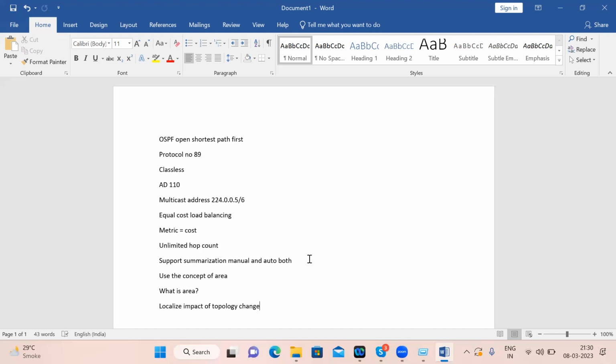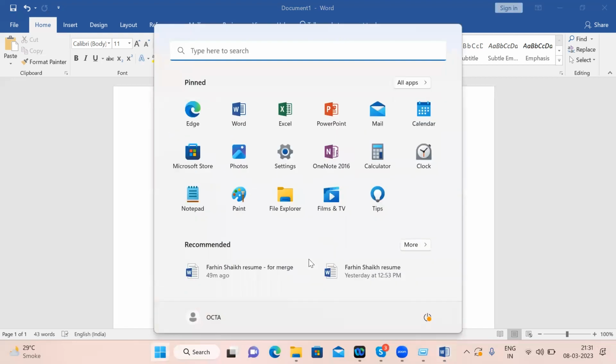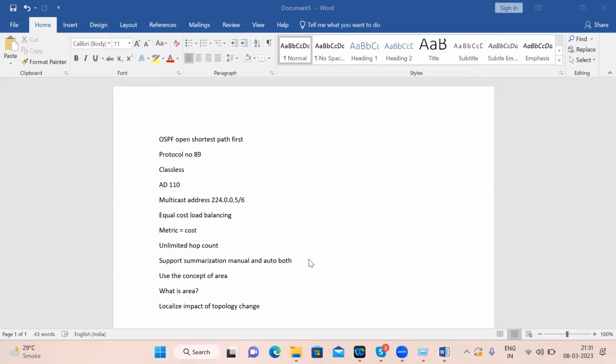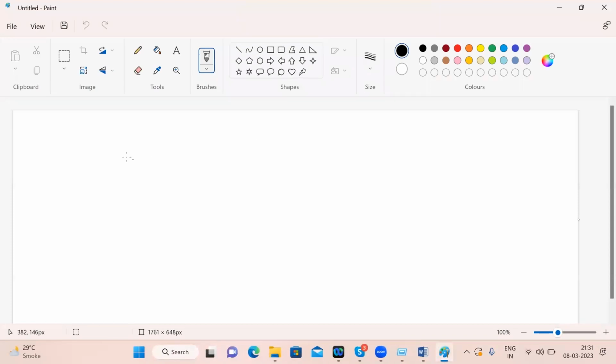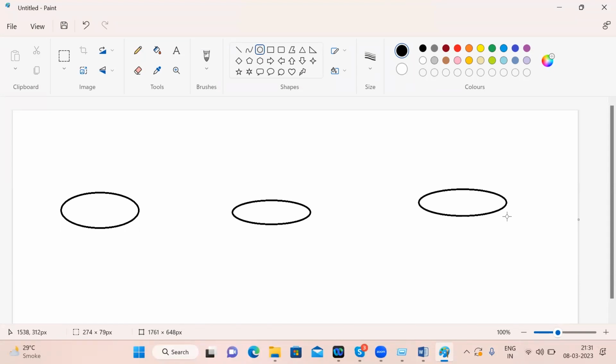What exactly does area mean in OSPF? In OSPF, the area means the localized impact of a topology change. What exactly happens? Suppose you have multiple routers and you decide to divide this complete topology into some parts.